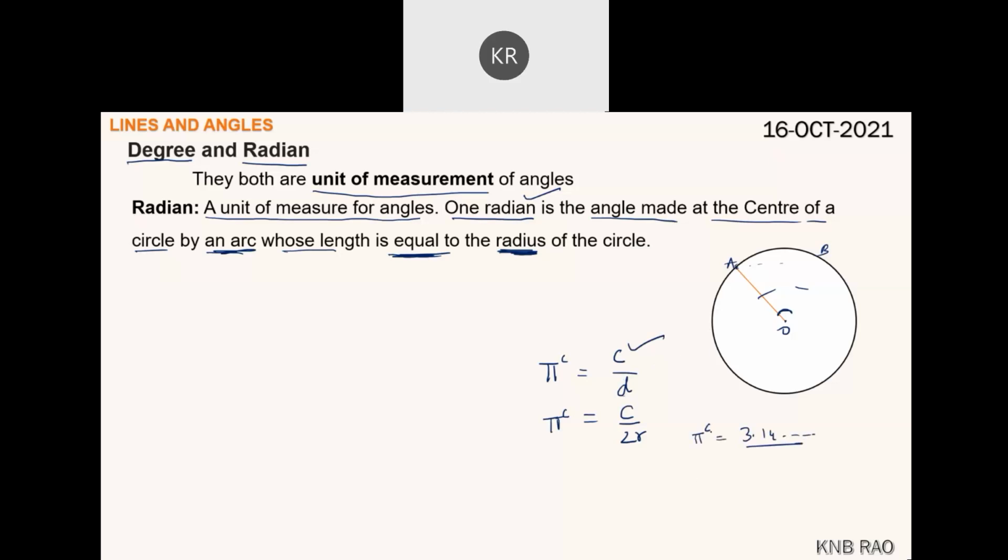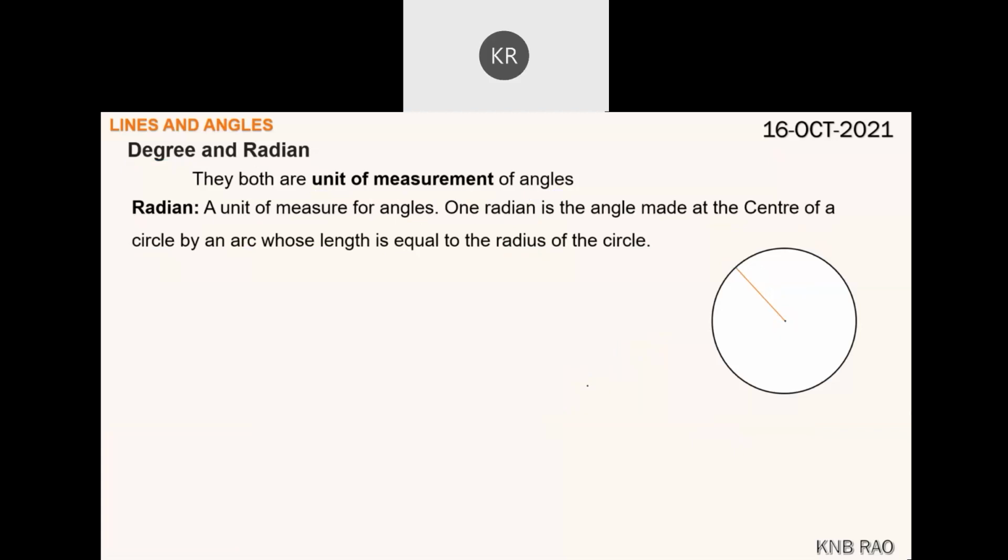And that pi radians, angle-wise it is pi radians, but as a ratio it is a number here. Pi is a number in one way, whereas in angles it is another. What is that? It's an angle.